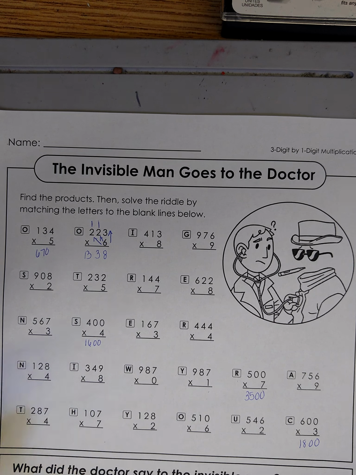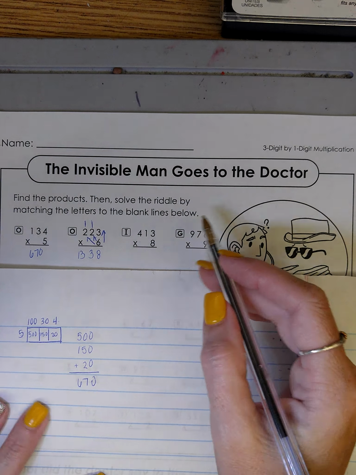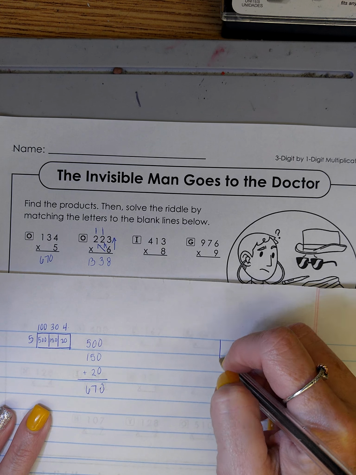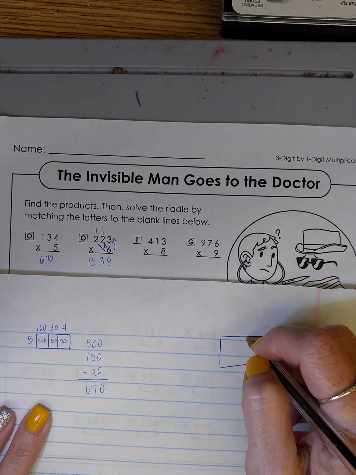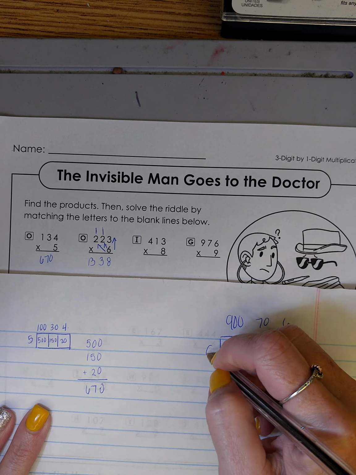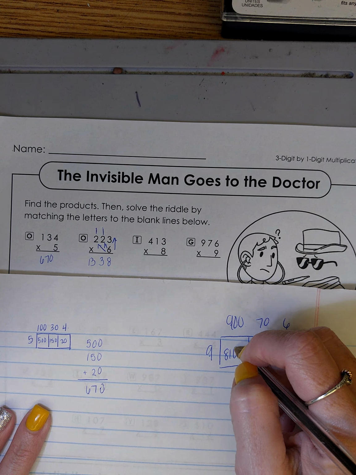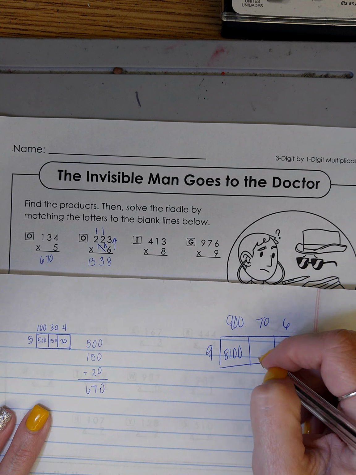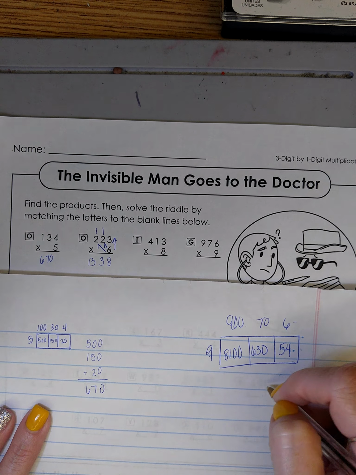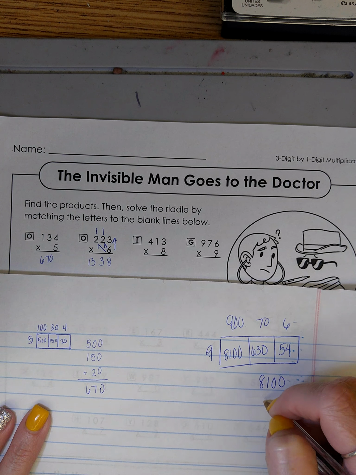All right, let me get a piece of paper. I'm going to show partial products here. 976 times 9. 9 times 9 is 81, 2 zeros. 9 times 7, 63 and 1 zero. 9 times 6 is 54. I add these numbers together.